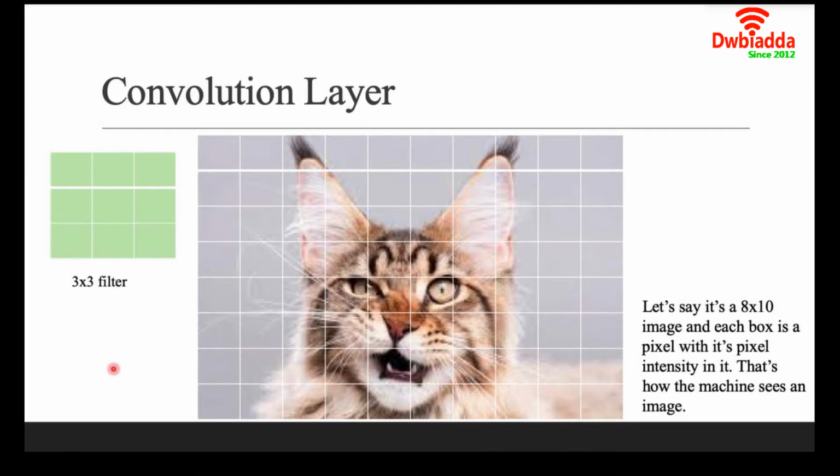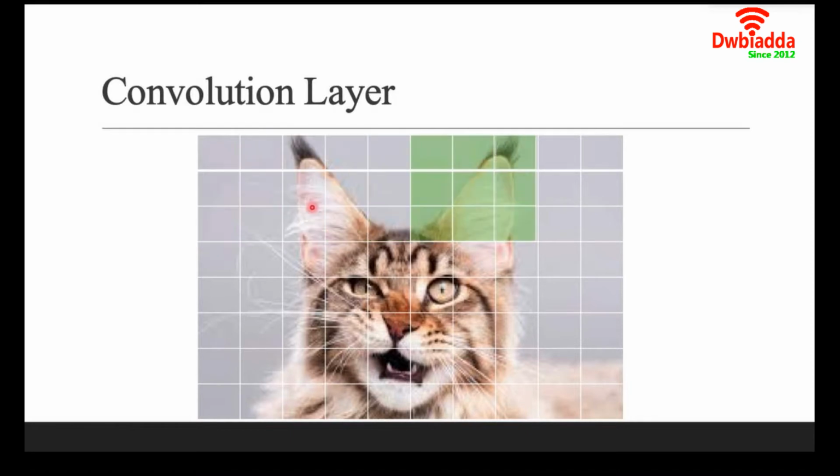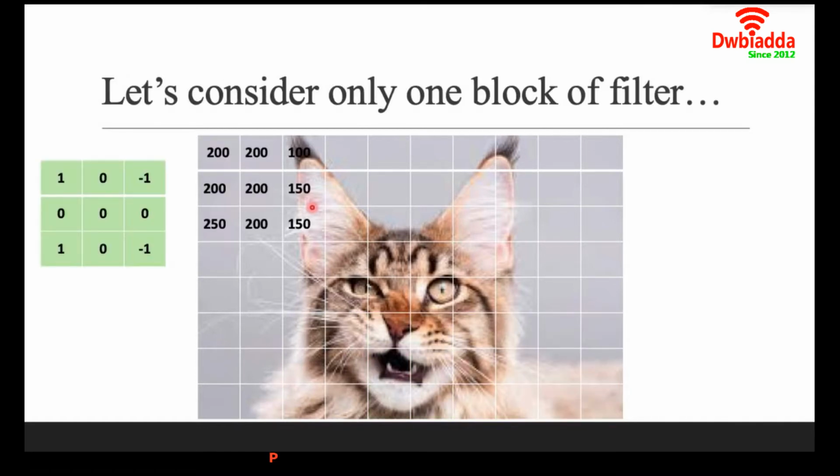So how do we do it? We take the image and we take the filter and we keep on scanning the image using that filter. So first we take first 9 boxes, then we keep moving and scanning the whole image. And once we do that, we learn features. This way, we can make as many filters as we want. We can keep the dimension of filter anything, but the most important thing is to learn the features from an image.